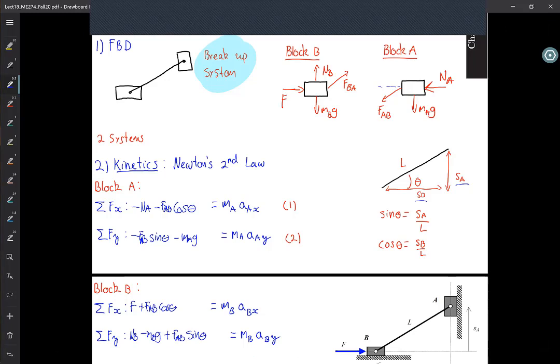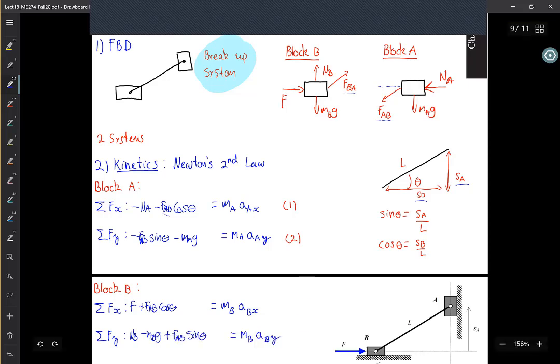Of course, I wrote F_AB implicitly by Newton's third law, action and reaction: they need to be of equal magnitude and opposite sign, right? So I wrote them the same, but I changed the signs on my free body diagram.